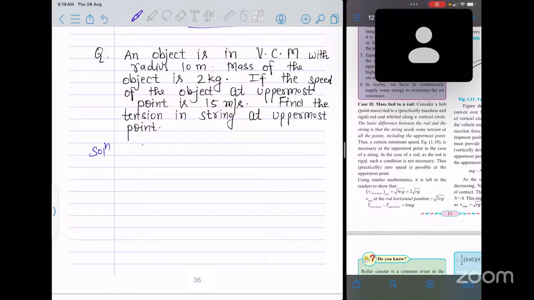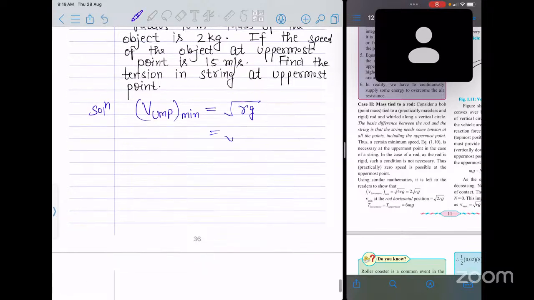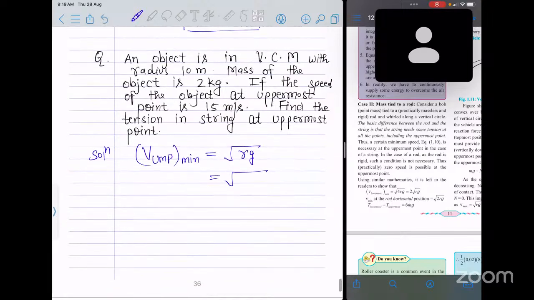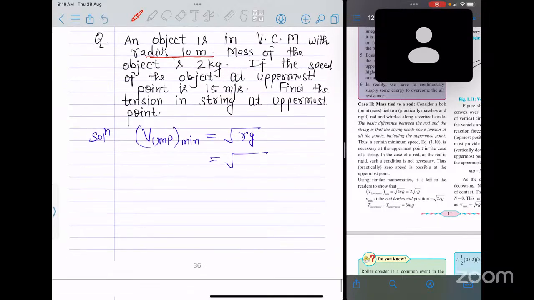Solution: v at uppermost point minimum is given by root r into g. In this case, r is 10, and g is also 10. So minimum possible speed is 10 meter per second.